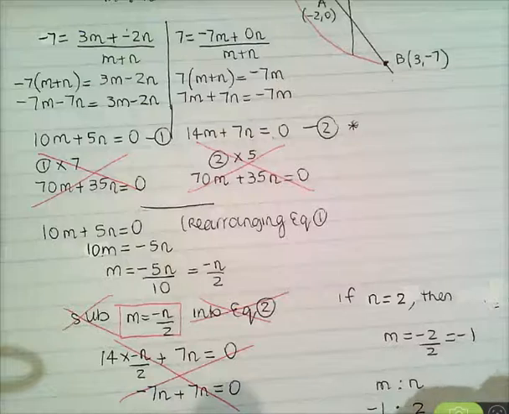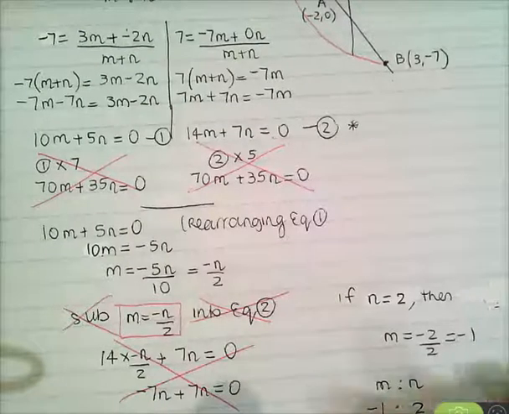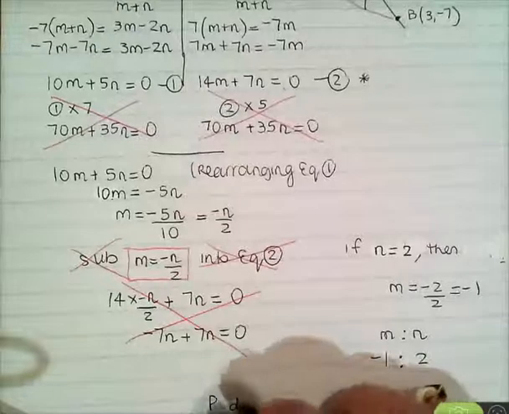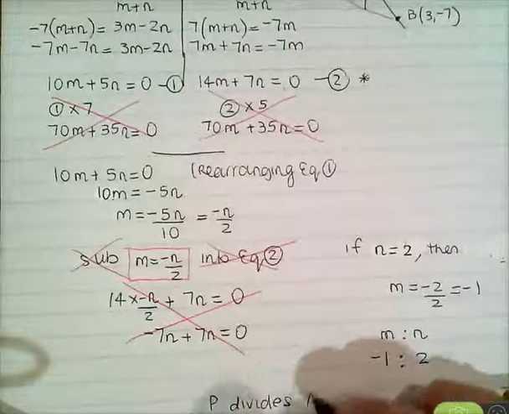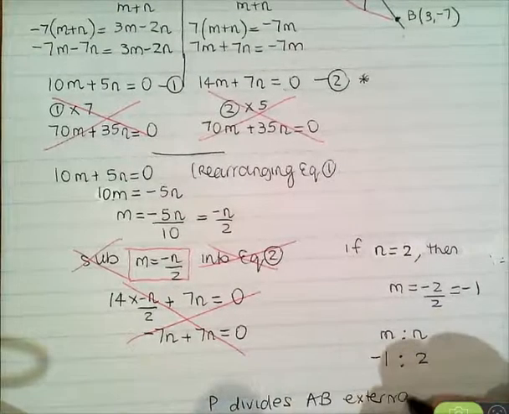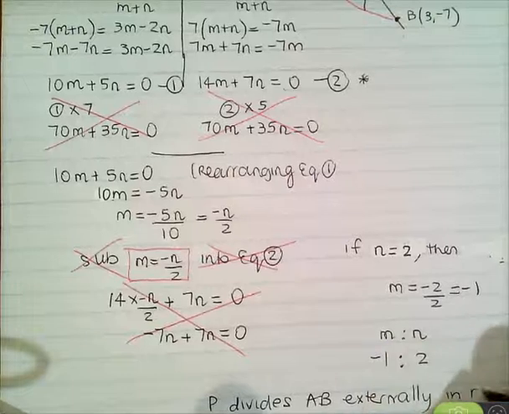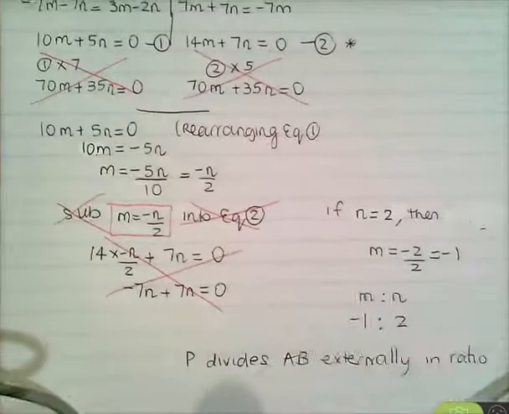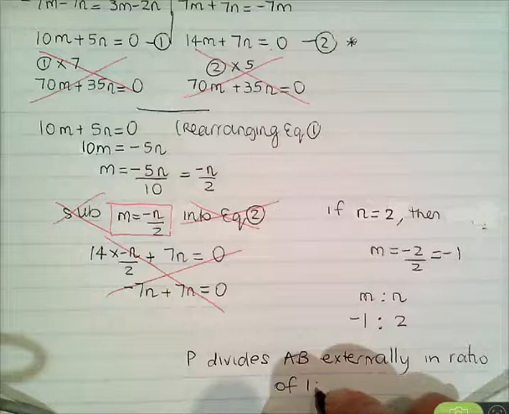So the ratio in which the point P divides AB is, therefore, P divides AB externally in the ratio of 1 is to 2.